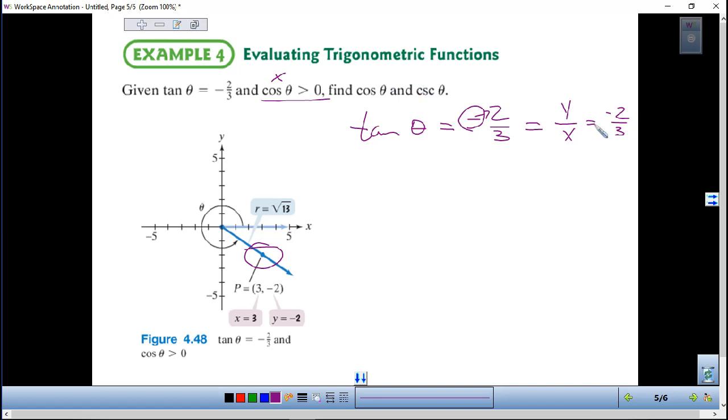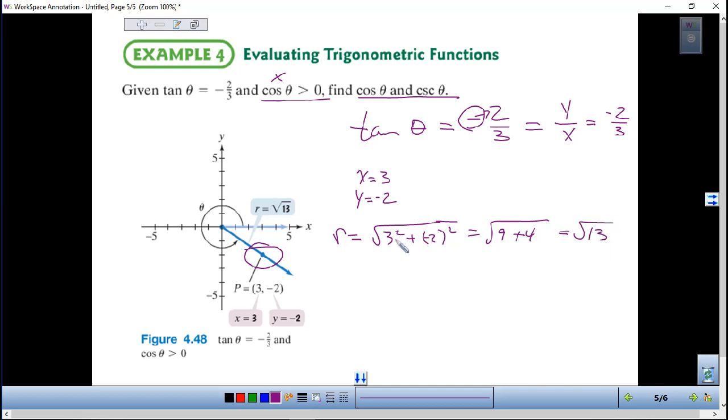Right? And that's where this point right here comes from. So now, once we've got that x is 3 and y is negative 2, we've got all these parts right here, remember? Now we need to find what the r is. So r is the square root of 3 squared plus negative 2 squared. So that's the square root of 9 plus 4, which is the square root of 13.